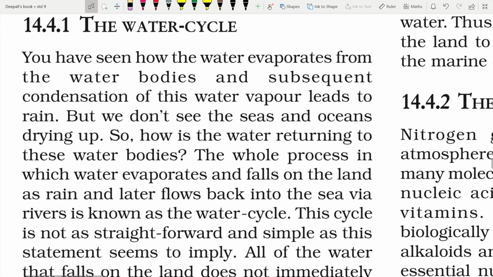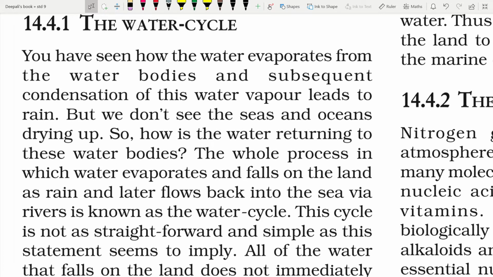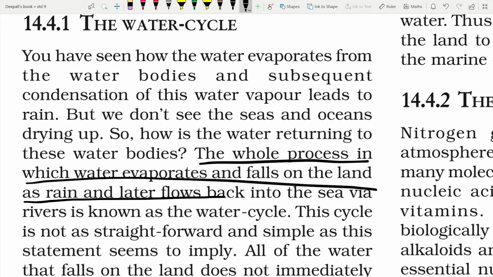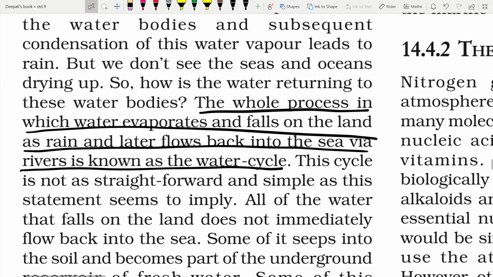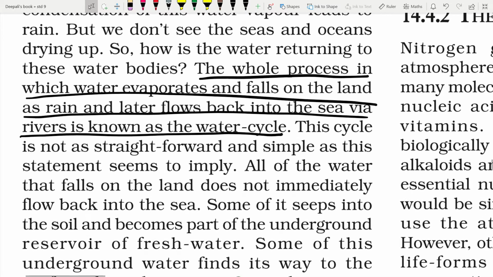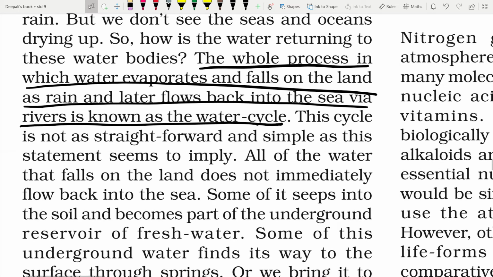The whole process in which the water evaporates and falls on land as rain and later flows back into the river or sea is known as water cycle. So a water cycle is the motion of water from one form to the other form and back to the first one. This cycle is not as straightforward and simple as this statement seems to imply.